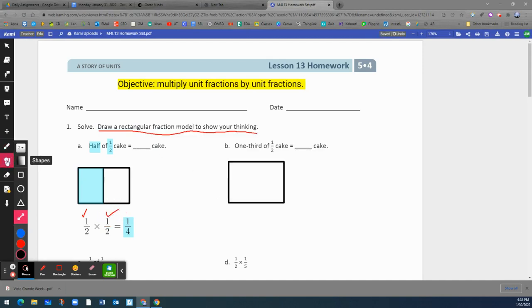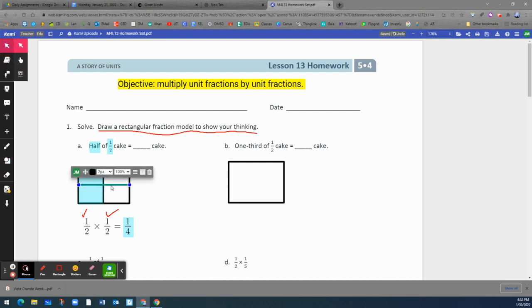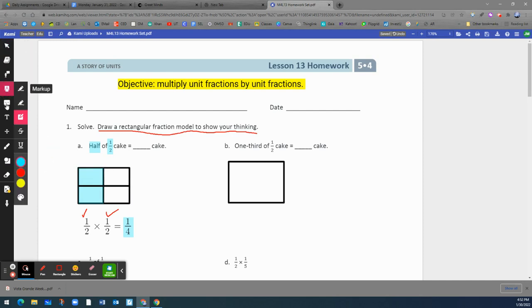The next step is to show the other 1/2. Well, guess what? In this case, we're going to divide that horizontally. So we're going to move from left to right. Okay, and let's move it a little so it shows almost half and a half. So there it is. And also remember that you have to show that other half. The other half is this one horizontally. There is a half vertically.